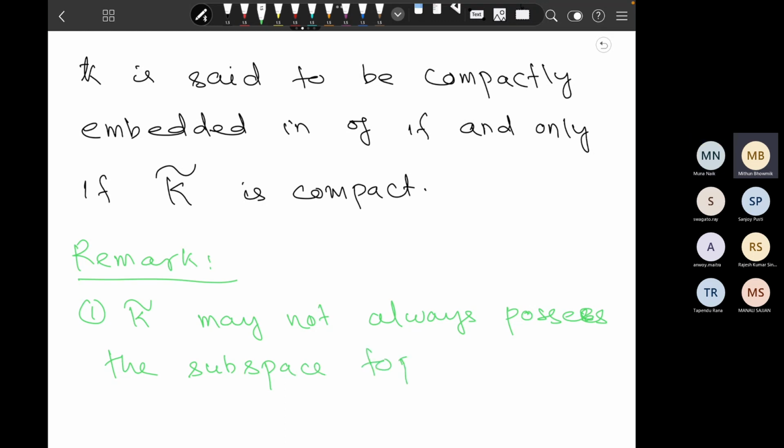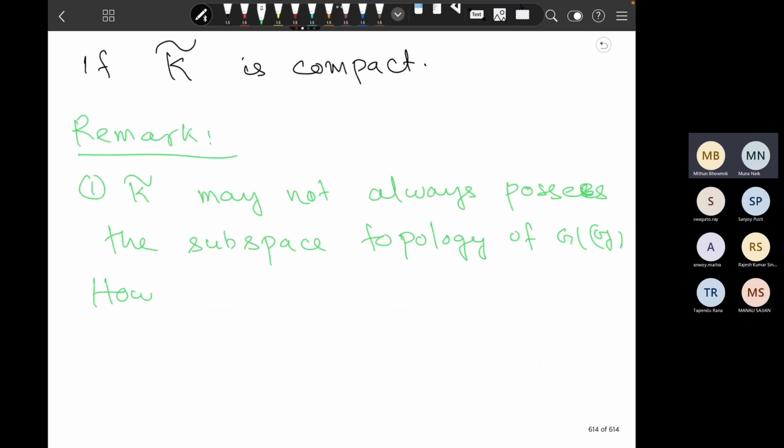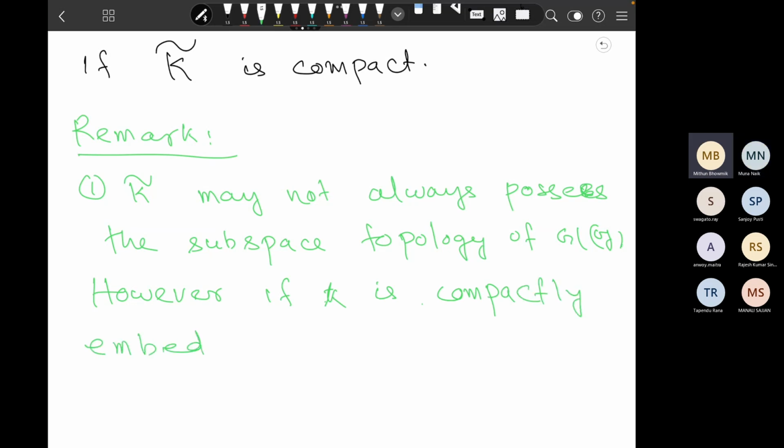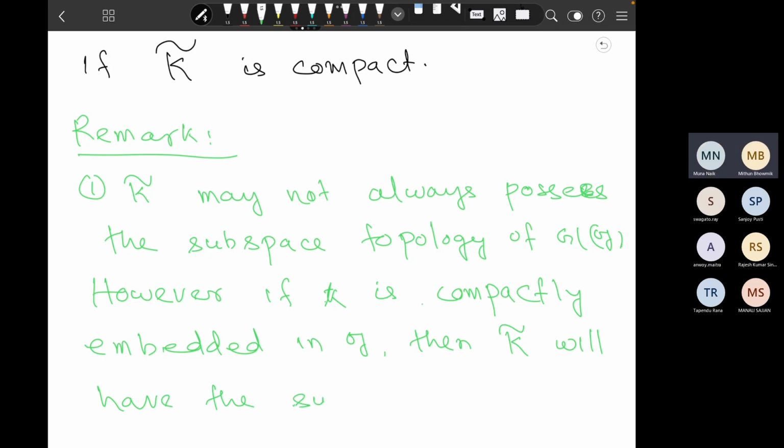However, if K is compactly embedded in G, then this K tilde will have the subspace topology of GL(G). And this is clear in those cases.